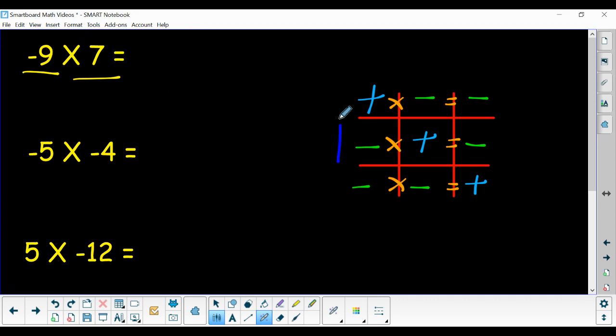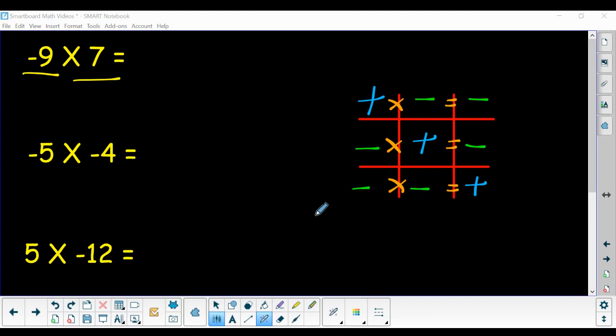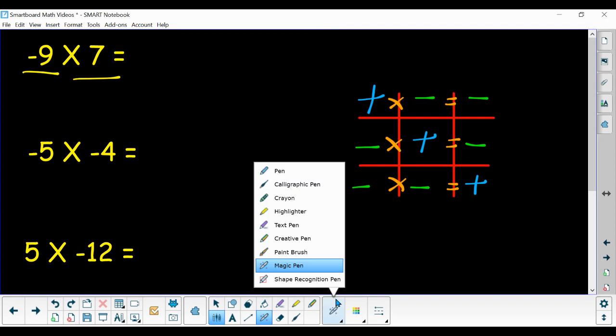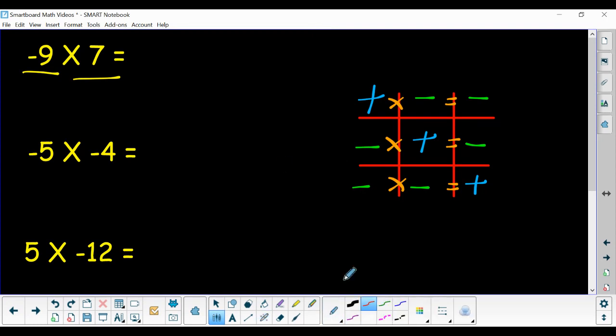Negative, positive. Oh, there it is. So right there it tells me negative times positive equals negative. So over here, negative times positive is going to give me a negative answer. A negative 63.